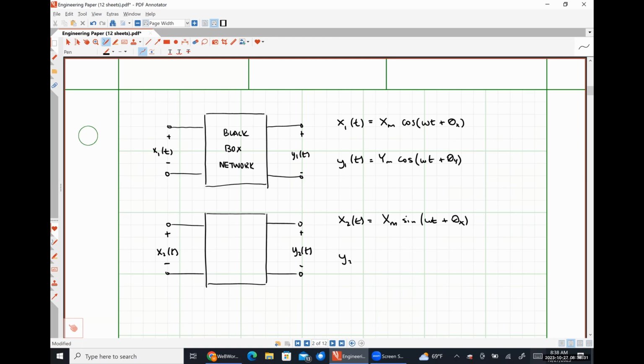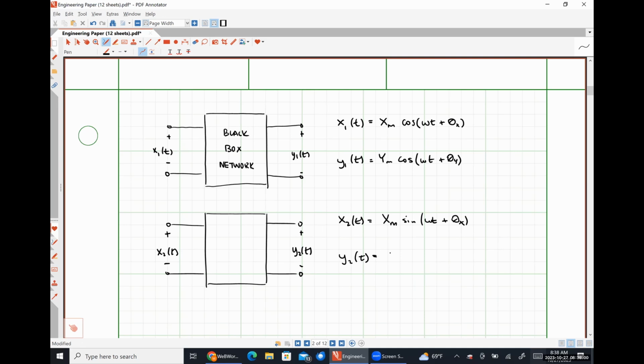What would we expect the form of Y2 of t to be? Anybody have any thoughts? Yeah, so if we put a cosine function in, we got a cosine function out. If we put a sine function in, we should probably get a sine function out.